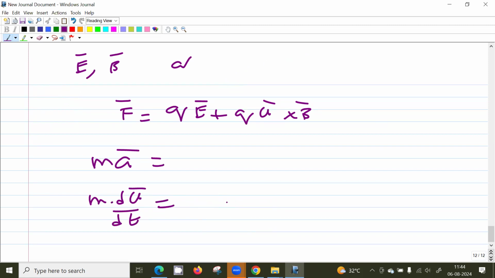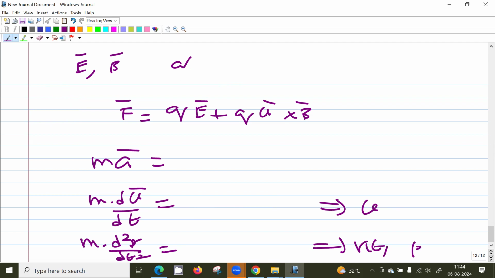Okay, so if the right side is known as a function of time, I can get velocity as a function of time. So I can solve for V by solving this equation, and I could also write this thing as m into d square r by dt square. So this also gives me r as a function of time, which is basically the path of the particle.